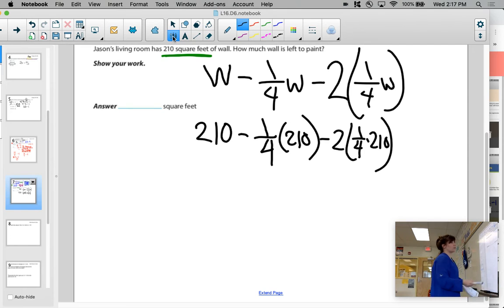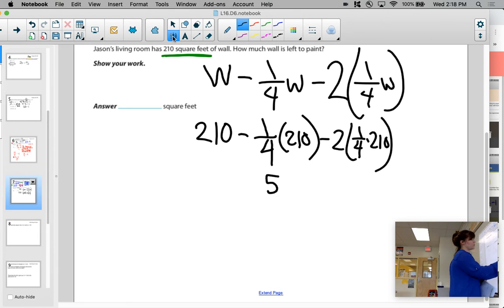So really, let's find out what 1/4 times 210 is. 1/4, let me grab my calculator, times 210. And you can use your calculator to do all of this math. And make sure you're dividing by 4 is 52 1/2.